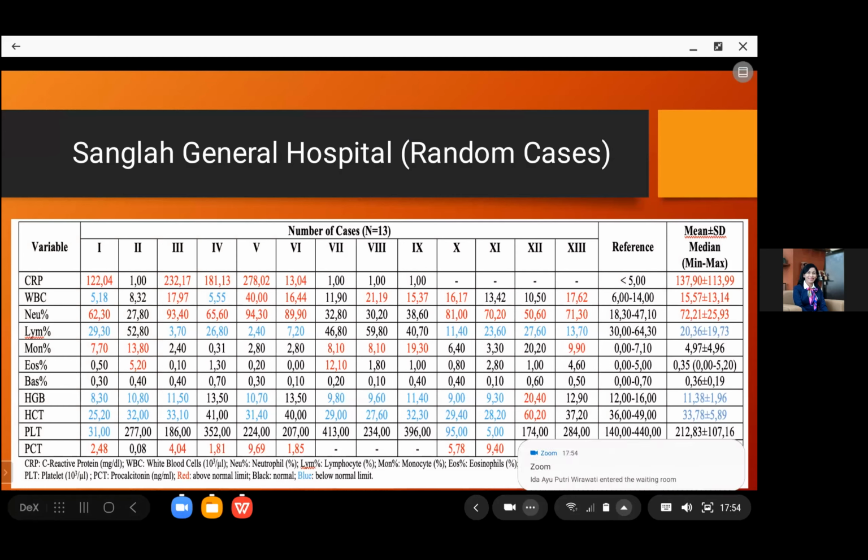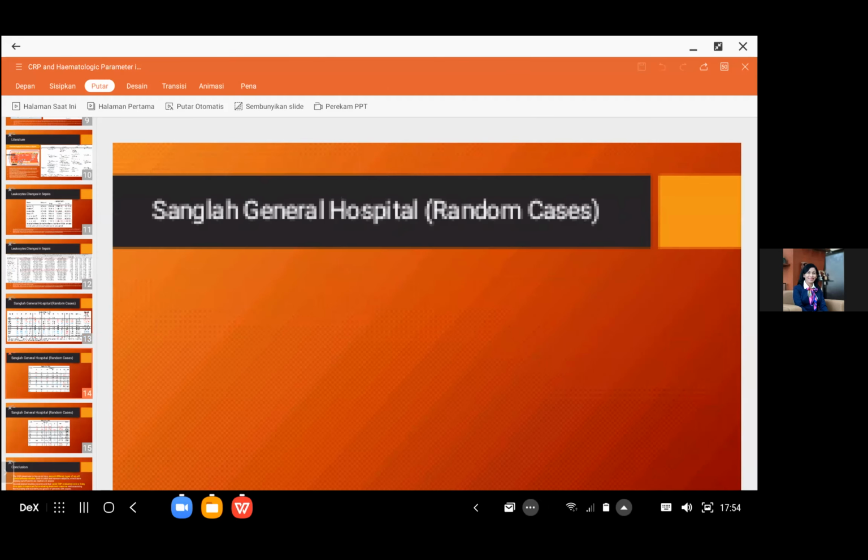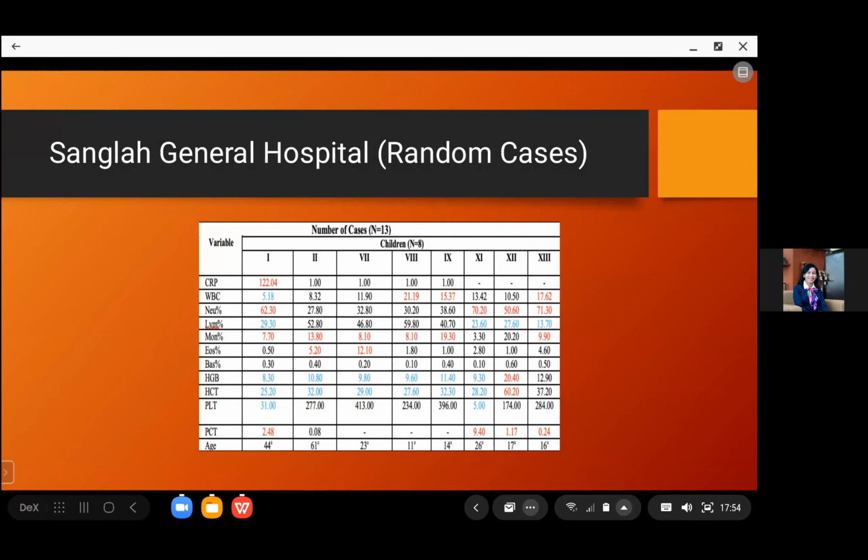Not all patients were tested for CRP, and most patients were tested for procalcitonin, because in our hospital we usually test procalcitonin for patients suspected of sepsis. And we divided them into 2 groups, adults and neonates.